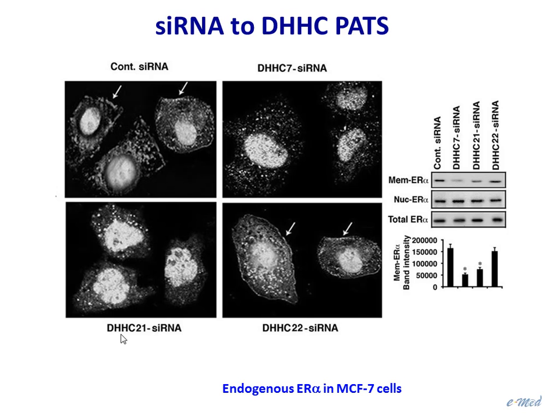You're very familiar with many of these: SRC, RAF, many of your proto-oncogenes, tyrosine kinases, integral membrane proteins. They all must be modified by palmitylation to traffic to the membrane. And for the estrogen receptor, and it turns out also for the androgen and progesterone receptor, these are the two, DHHC7 and DHHC21.